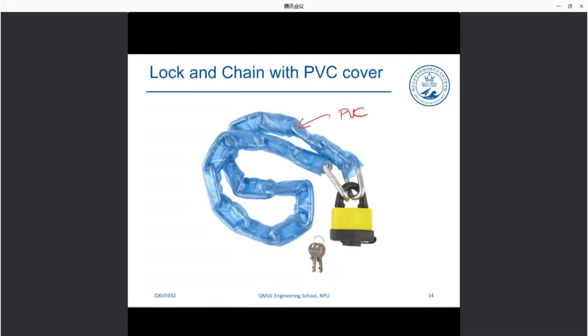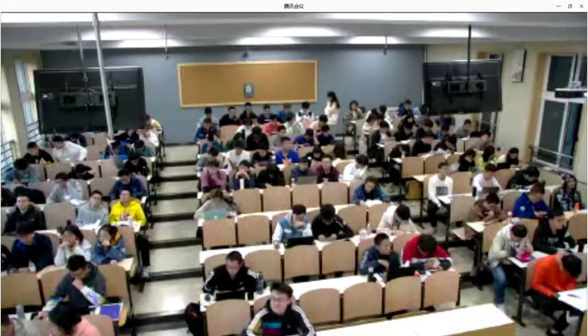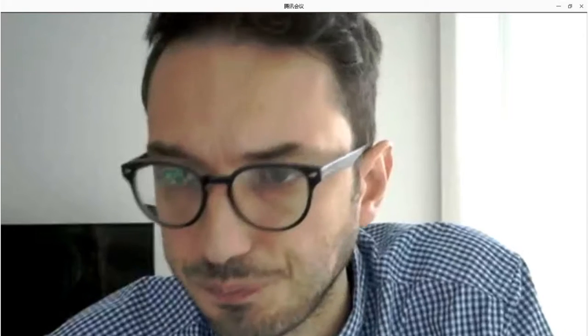And I'll give you the most characteristic example where the glass transition temperature of a polymer significantly affected a whole space mission. Okay, and let me stop sharing. Give me a second. Share screen.